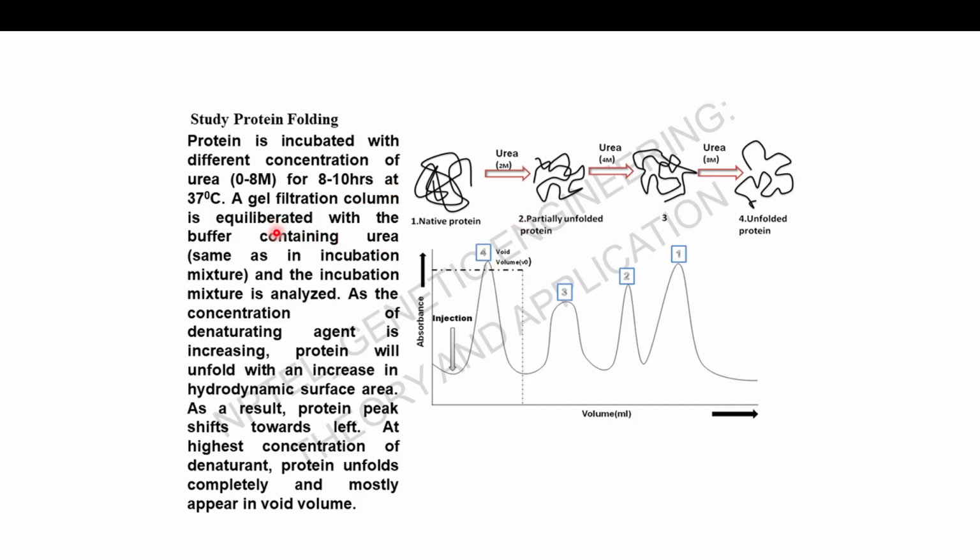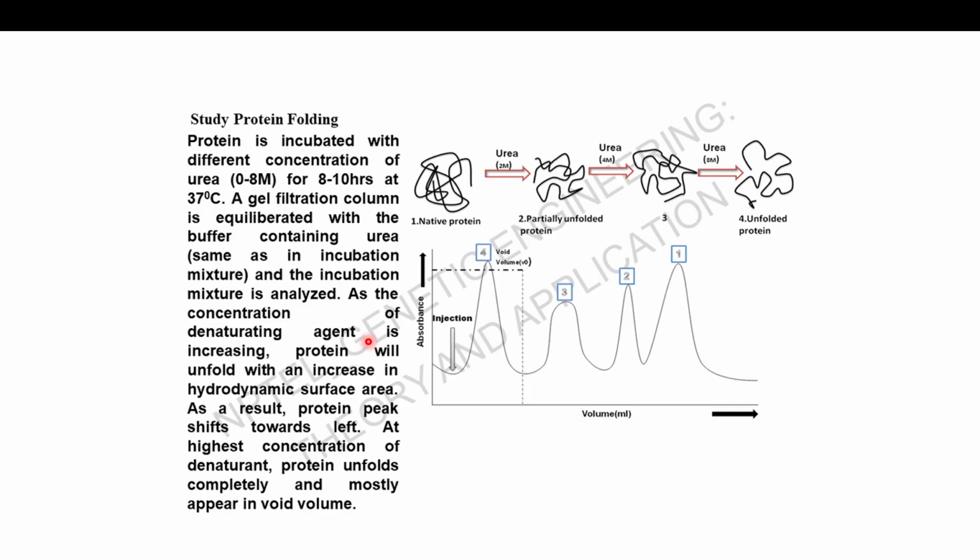The gel filtration column should be equilibrated with the buffer containing urea, the same buffer in which your sample is in. As the concentration of the denaturing agent, which is urea in this case, increases, the protein will eventually unfold, and hence the overall hydrodynamic radius will increase, right? The increase in hydrodynamic surface area will lead to earlier elution, because the unfolded protein will have less access to the resin pores.